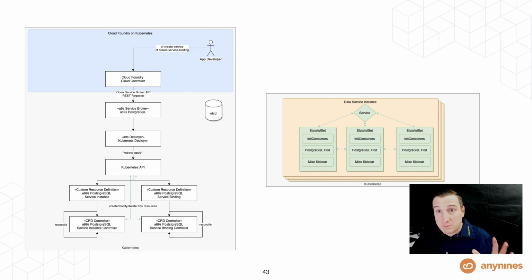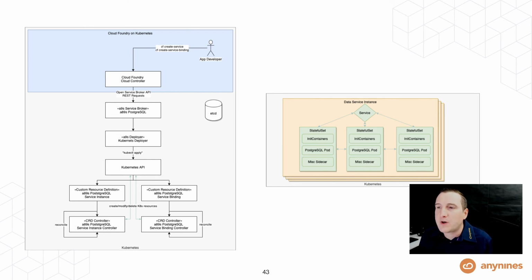So, drawing the picture together, you have a Cloud Foundry that sits on top of Kubernetes. Then you'll have a cloud controller. This is where you register your service broker. So if you're familiar with service brokers, nothing has changed so far. The cloud controller will delegate to the service broker.